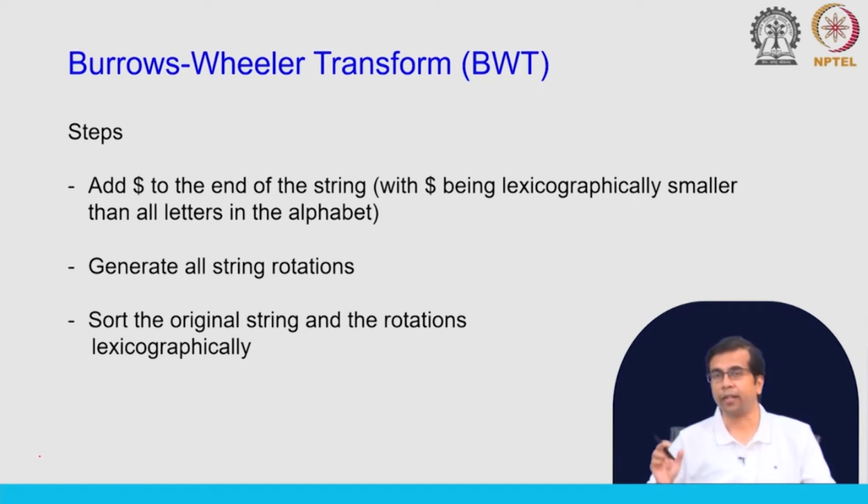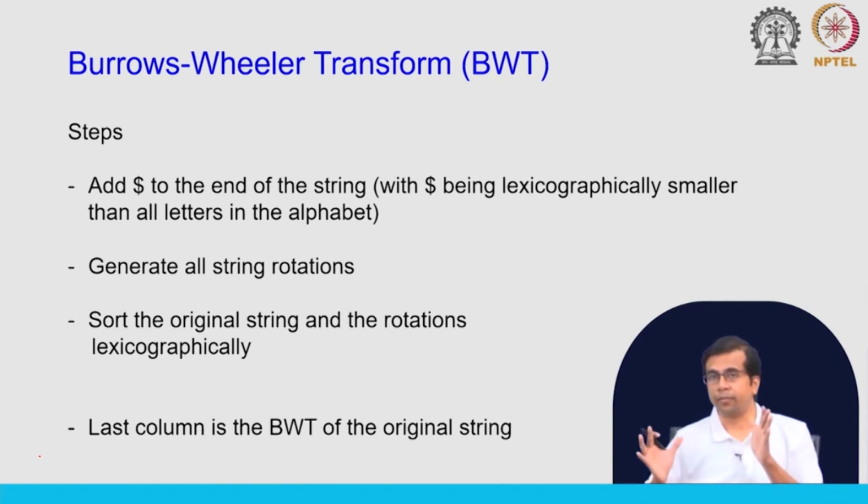We generate all these rotations, take the original string, and sort lexicographically. The last column of this matrix is the Burrows-Wheeler transform of the original string. This transform has certain properties that we can utilize for read mapping. We will slowly elaborate this whole process, starting with the Burrows-Wheeler transformation.